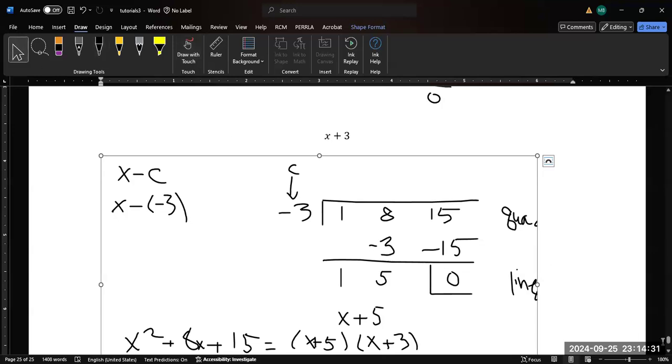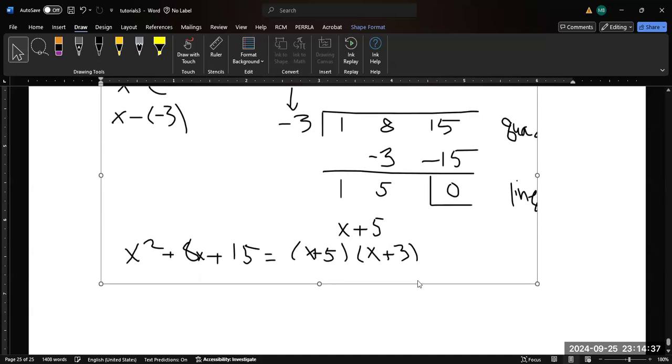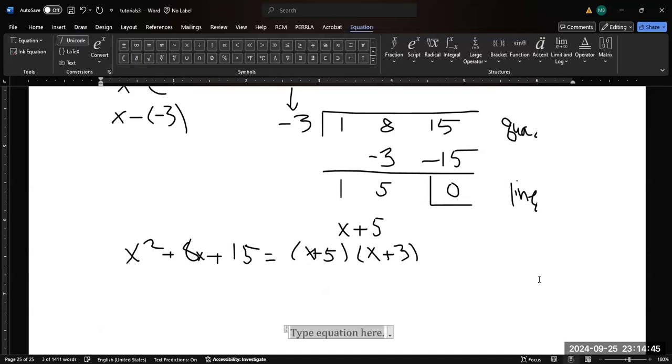Now, let's look at an example that is a little bit more complicated, just so that we can see how this works. So let's look at 6x to the 5th minus 2x cubed plus 4x squared minus 3x plus 1 divided by x minus 2.